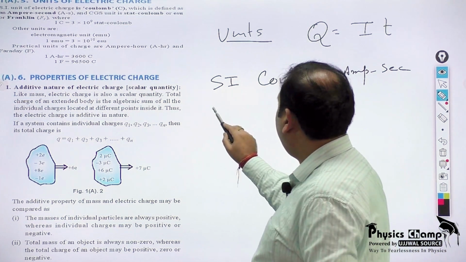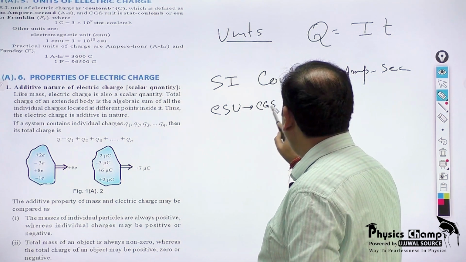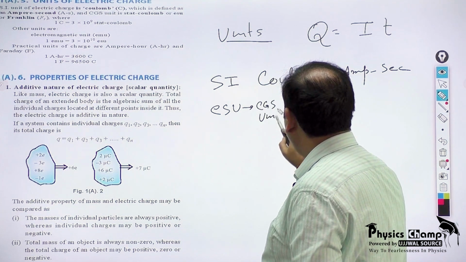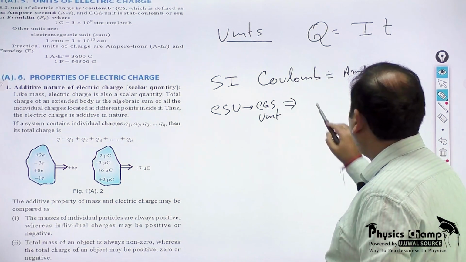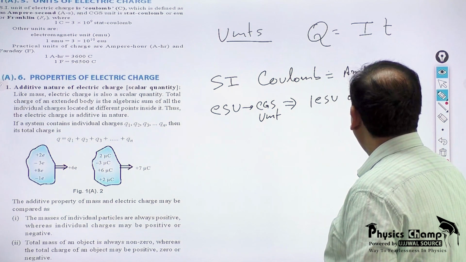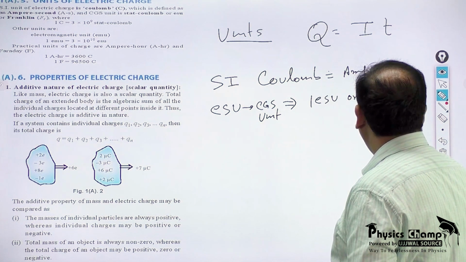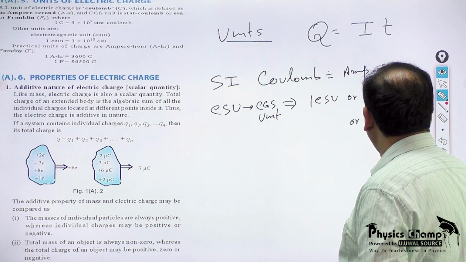Let's take the electrostatic unit or CGS unit of electric charge. When we talk about the CGS unit, we represent it as ESU or stat coulomb or Franklin.